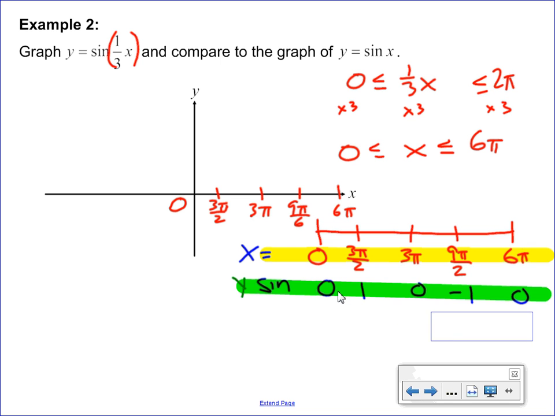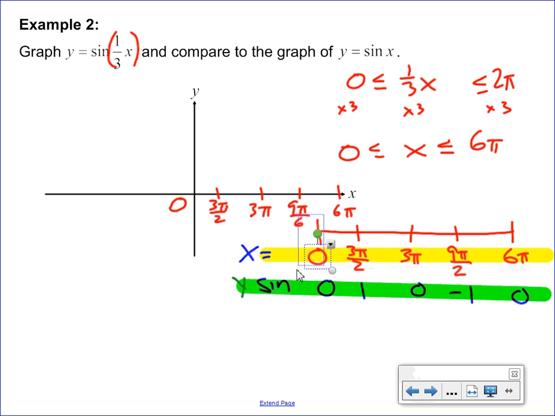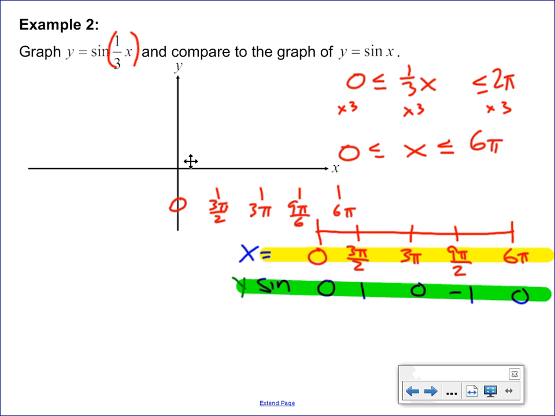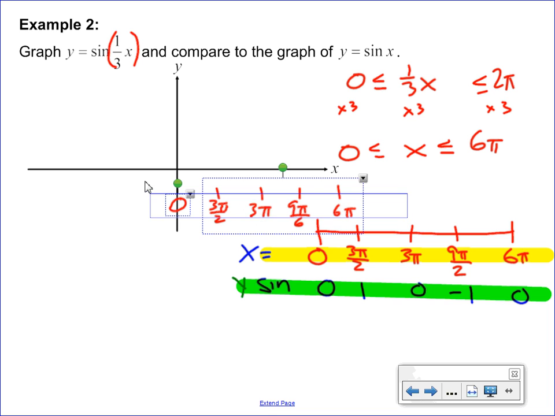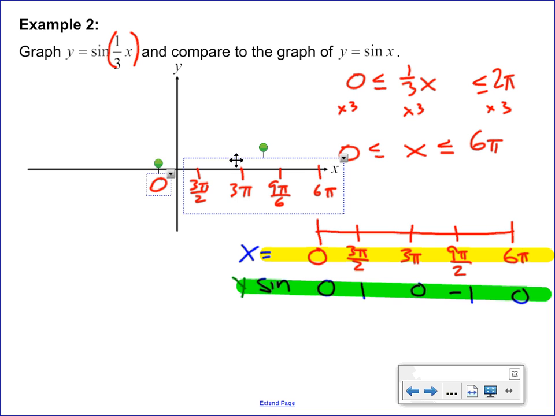Because it's hard to see. There it is. Oh, man. Okay, well, how if I did this? Can I move it up? Yeah, I think I can move it up. There it is. Sorry. Okay, here we go.